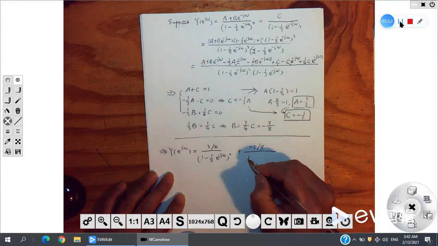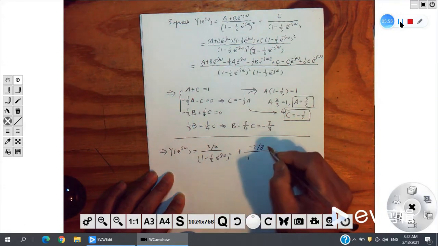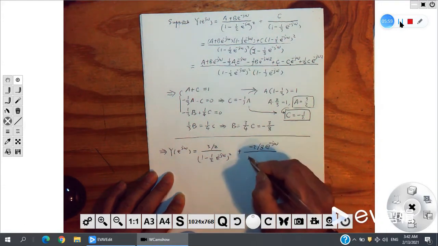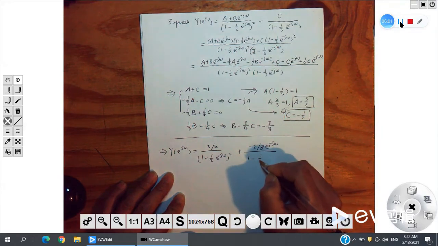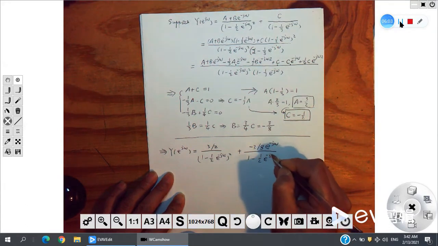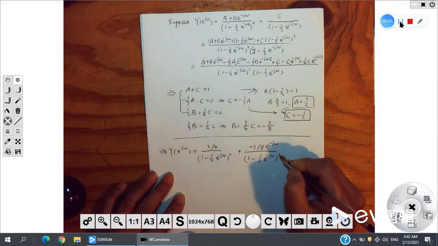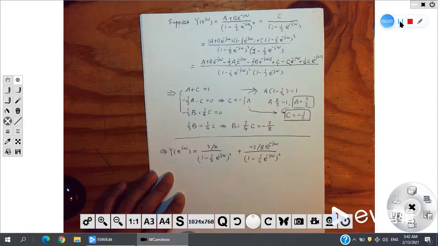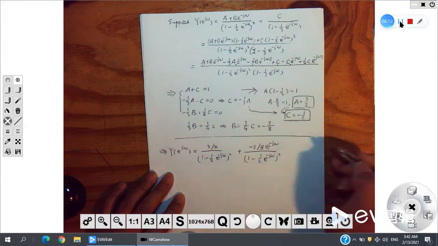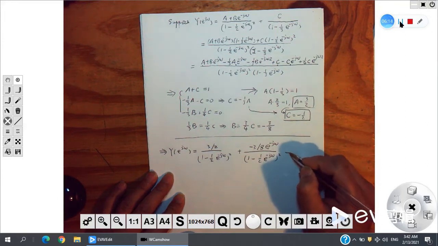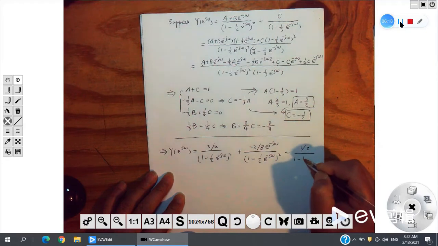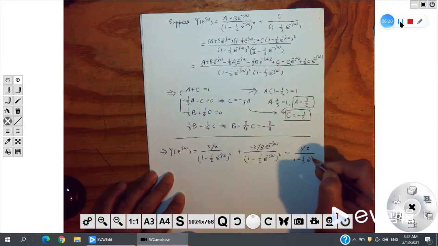and 1 e to the -j omega over 1 minus 1/2 e to the -j omega squared, and plus C, space enough, C is -1/2 over 1 minus 1/3 e to the -j omega.